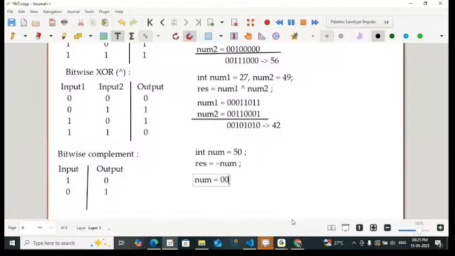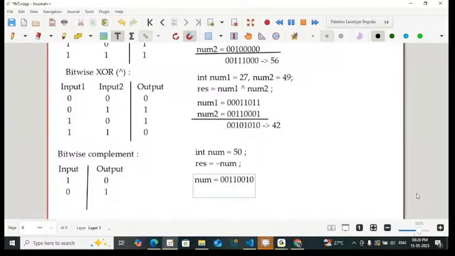So 0, 0, 1, okay, 32 plus 16. Minus 50 is not the answer, no. So 0, 0, 1, 1, 0, 0, 1, 0. So this is 50 in binary.